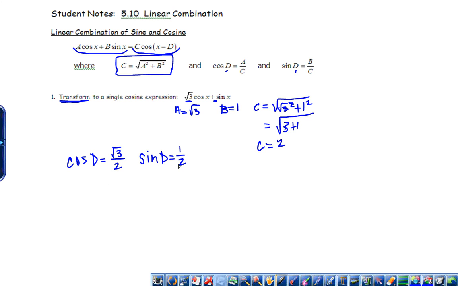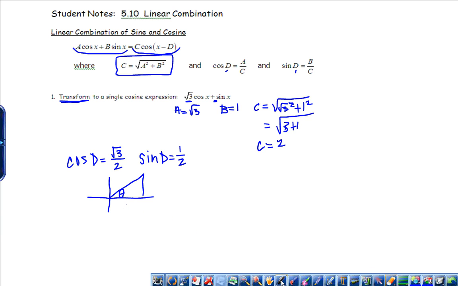If you notice, both of these are positive. So if I were to draw a triangle, both of these would be in quadrant 1. Cosine would be adjacent over hypotenuse. Whoops, that's not supposed to be that.